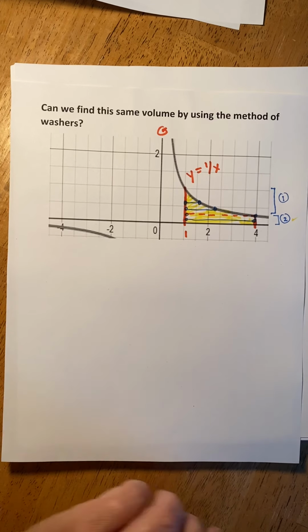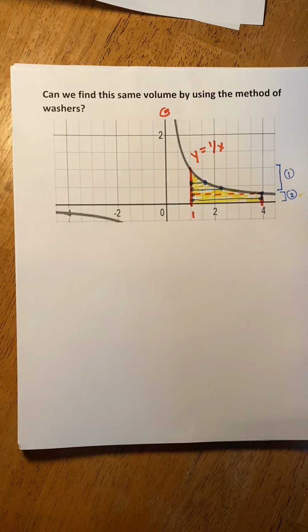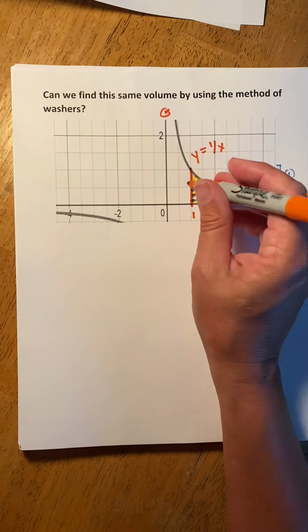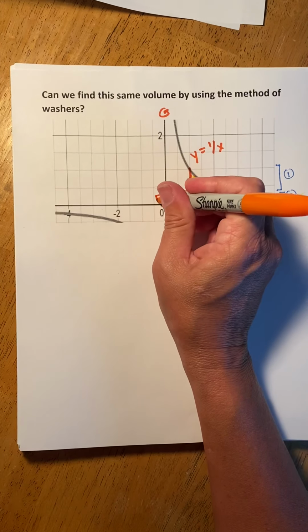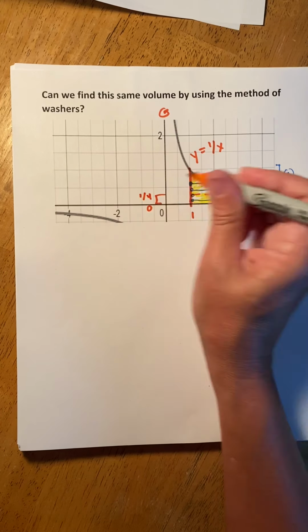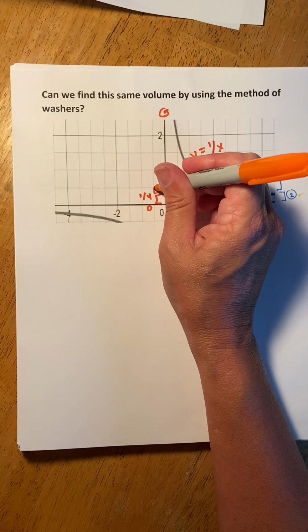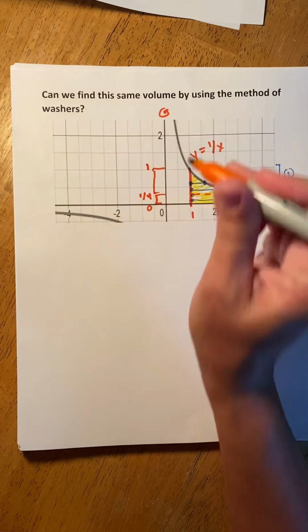So that being said, let's set it up. We're going to have volume 1. Well, if we put in 4, that's going to be from 0 to 1/4. And then the other one's going to go from 1/4 up to 1.